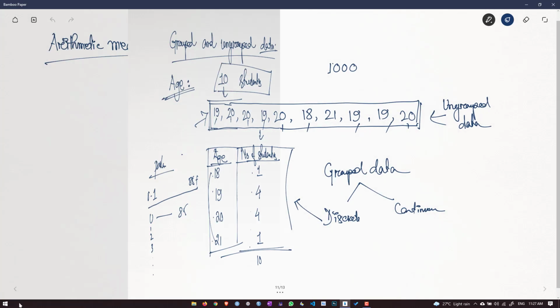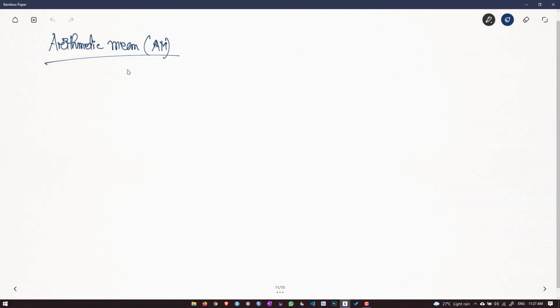Now let's go back to arithmetic mean, right? So the definition is, let x1, x2 up to xn be n observations. What do observations mean? Data, right? x1, x2, xn are generic terms used to describe a data set, rather than using actual values.